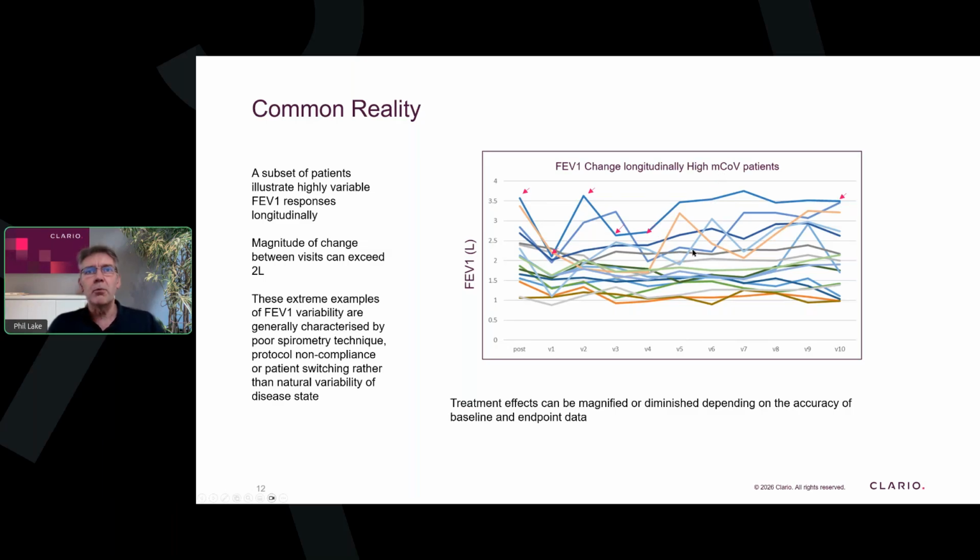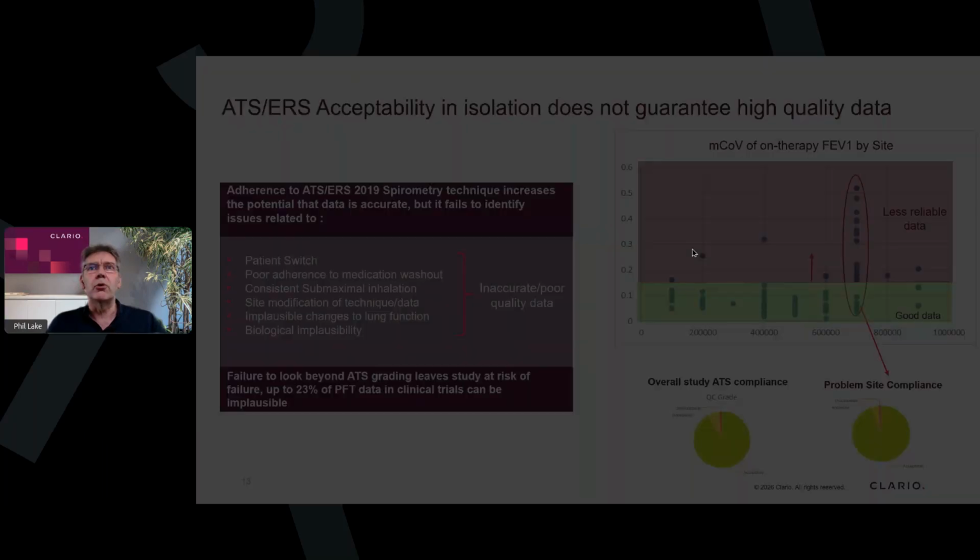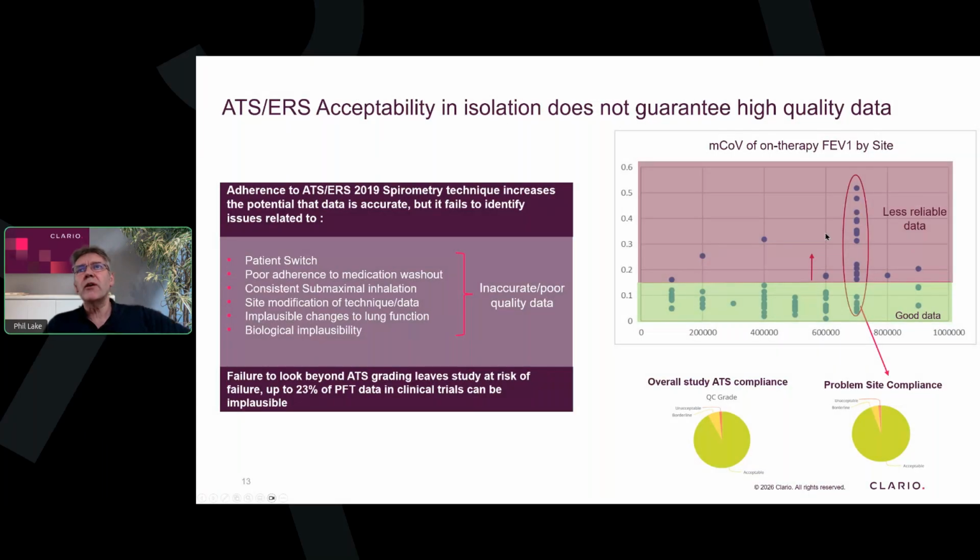Let me move on to show you a little bit more. When we express the modified coefficient of variability, I just want you to look at this chart for the time being. Each patient represents an individual point here. This is the percentage modified coefficient of variability, from 10 up to 60%. And each vertical line represents a different site.